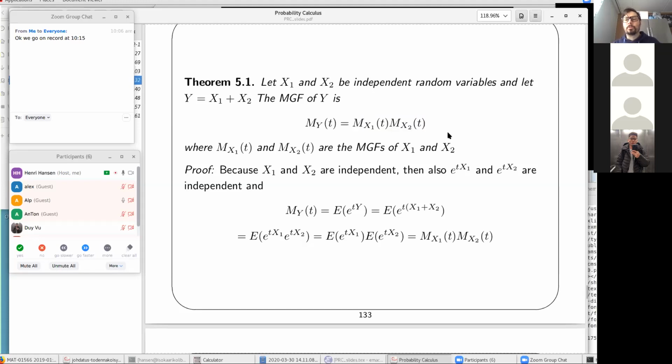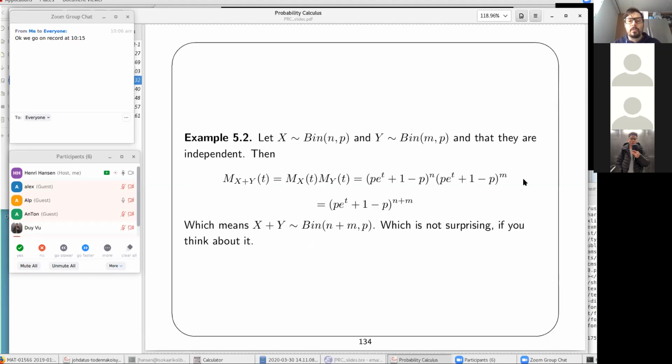I'm not going to go through the proofs in detail, but most of the proofs that we are going to deal with, when we take an independent sample and we are adding these together, most of the results we get can be proved easily by invoking this: we just multiply the moment generating functions. But we're not going to go into deep detail here. This is for those of you who are more interested in looking into the theory more deeply.